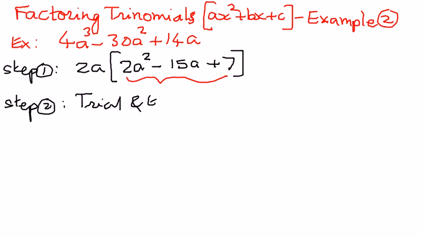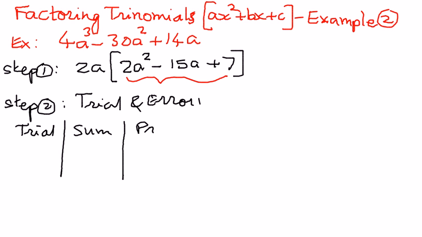Here we want to try some numbers such that the sum of two numbers equals the middle term, which is negative 15, and the product equals a times c, which is 2 times positive 7, equal to positive 14. The product should be 14 and the sum should be negative 15.